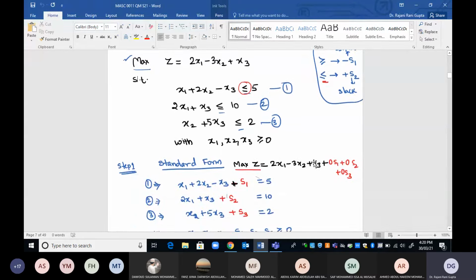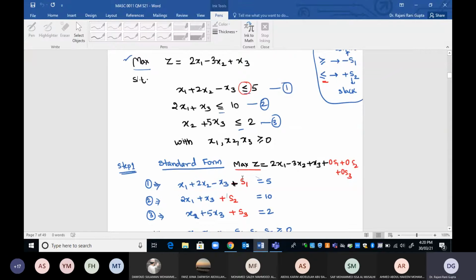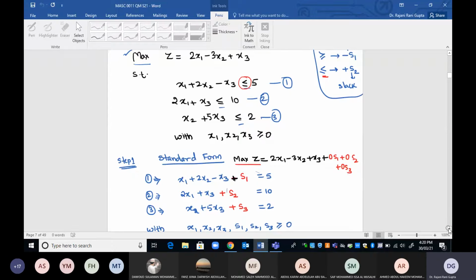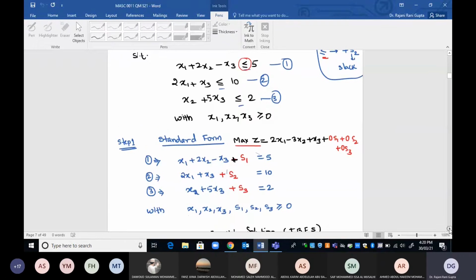That's why S1, S2, S3 are the basic variables, whereas X1, X2, X3 are non-basic variables. So we substituted the non-basic variables equal to 0 in the standard form. That gives us the initial basic feasible solution.